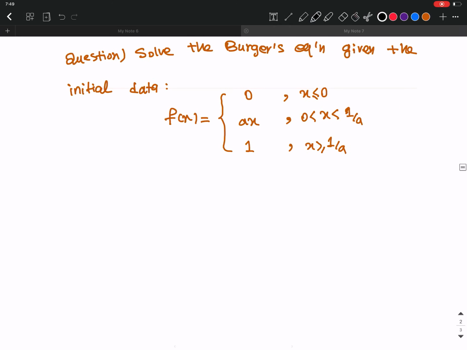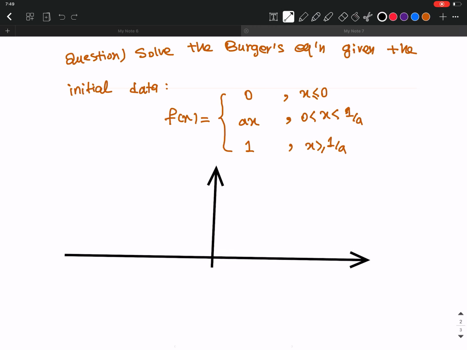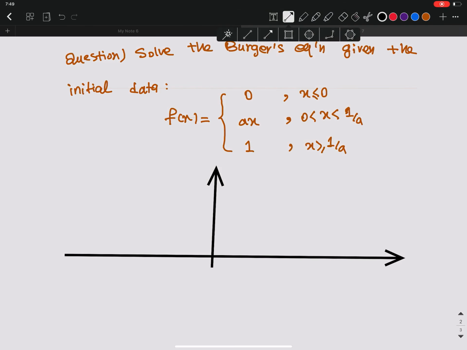First thing first, let's just plot that. I'm gonna plot it with blue color.